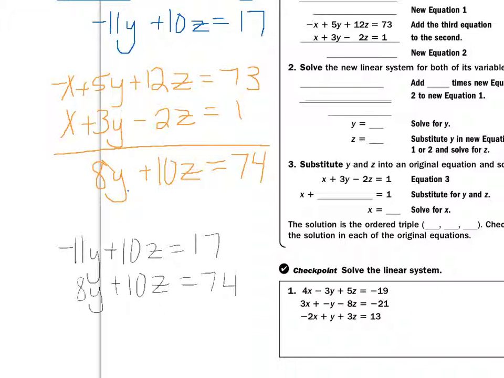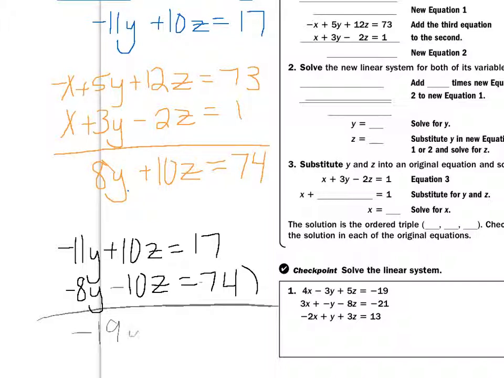Well, the z's, right? Because all I have to do is flip the sign on the second one, and I can add down. So let me do that. Multiply everything in here by a negative. So that'll give me negative 8y, minus 10z and negative 74. So when I add down, I'll have negative 19y equals negative 57.